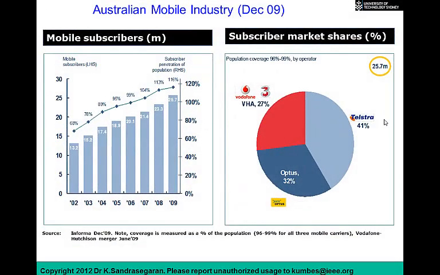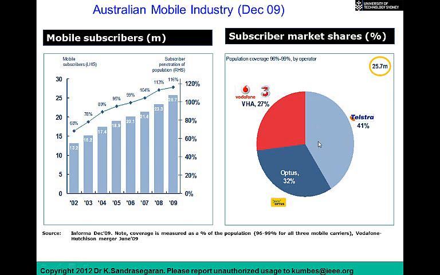So we move on. Let's look at the situation in Australia in a little bit more detail. As I told you, Australia achieved 100% penetration in early 2006, somewhere between this period here, and at this point in 2007 the number of mobile subscribers was greater than the population of Australia, which is around 20 million at that stage.